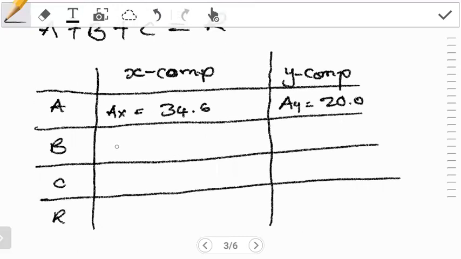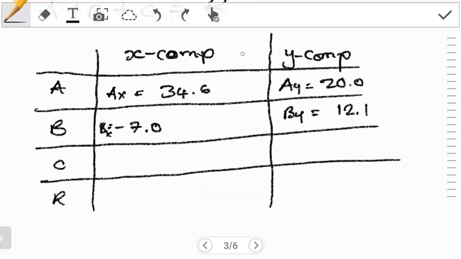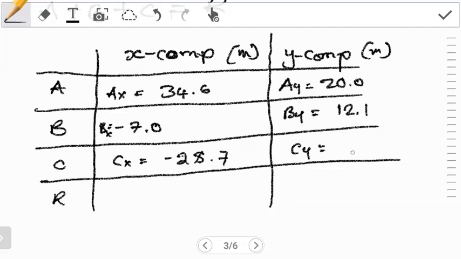The x component of B, Bx, we found as -7, and By we found as 12.1 meters. I'm skipping the units for now. These are all in meters. Then we also found C in x, which came out as -28.7, and C in y was -41.0.